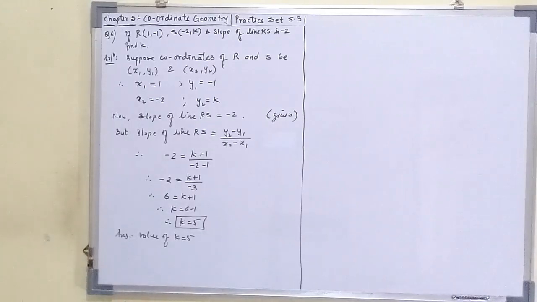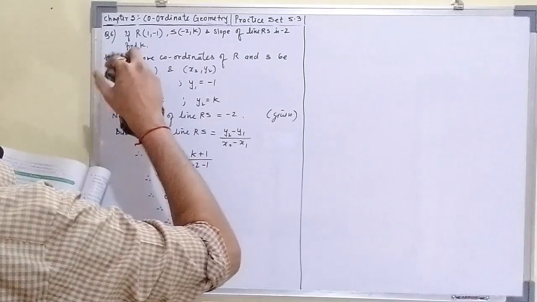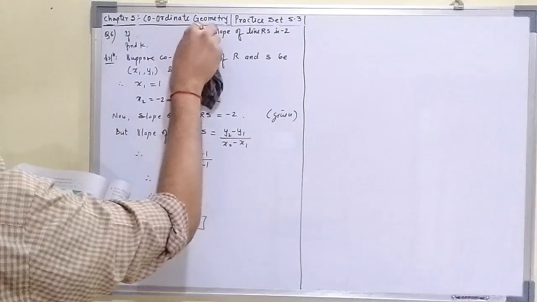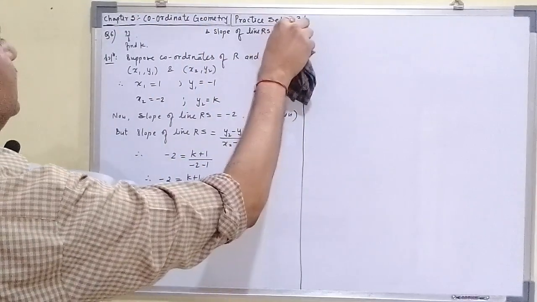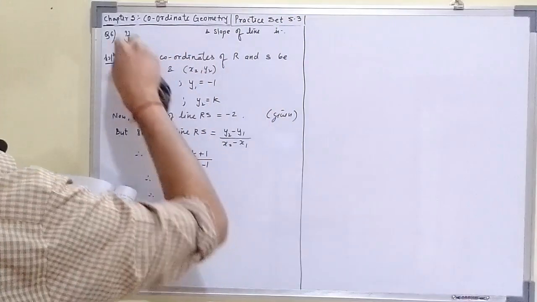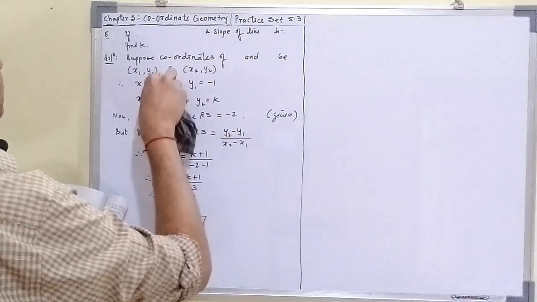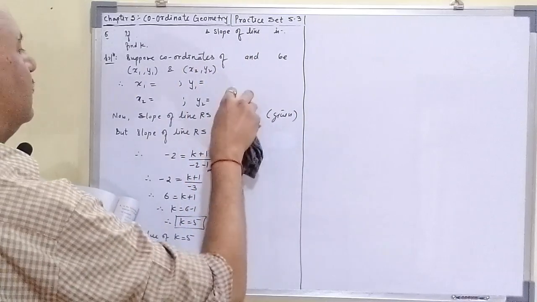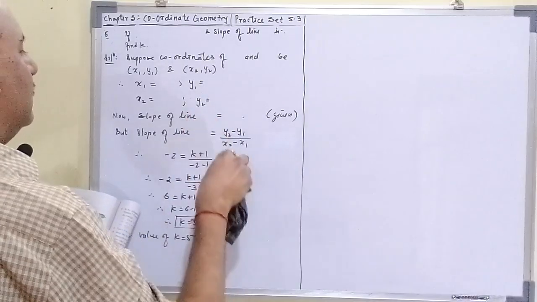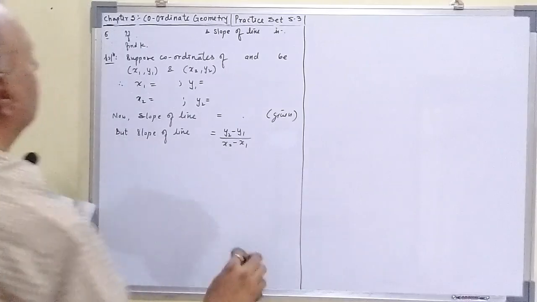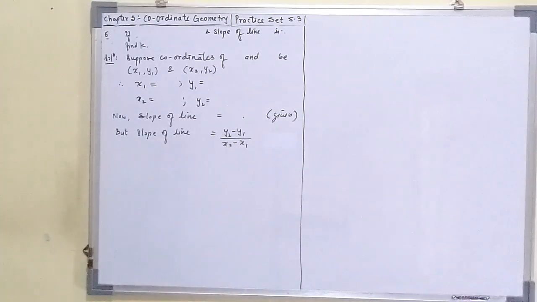Question number 7 में क्या दिया है? स्लोप ऑफ अ लाइन. Let's see what they have given us.